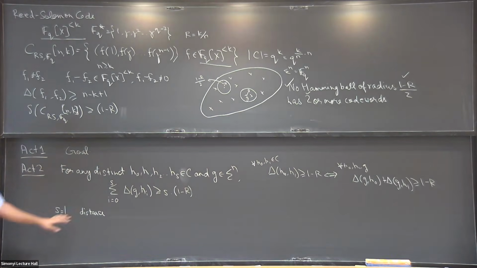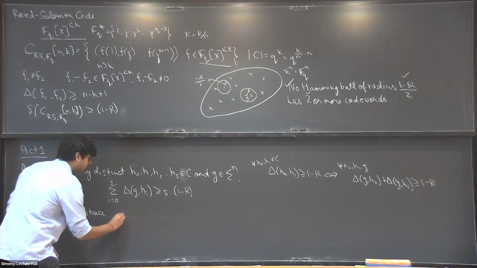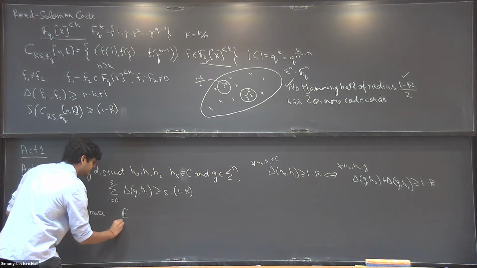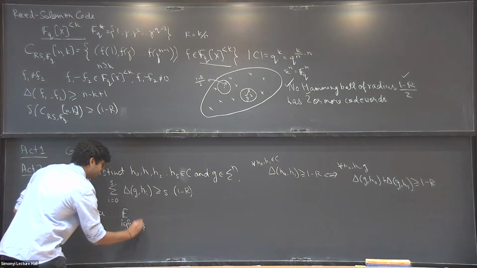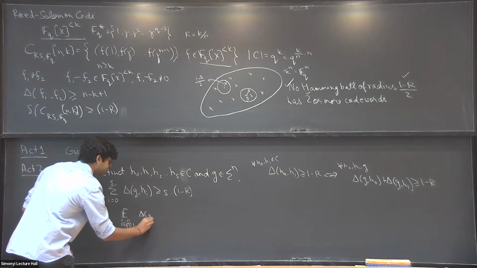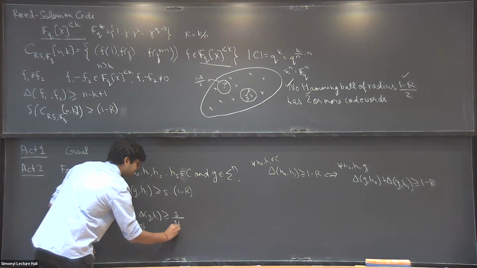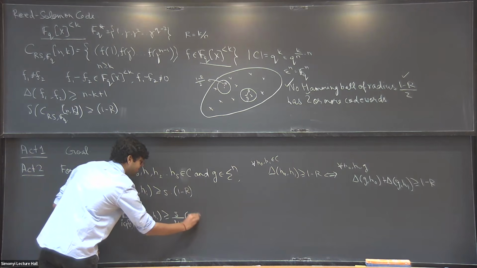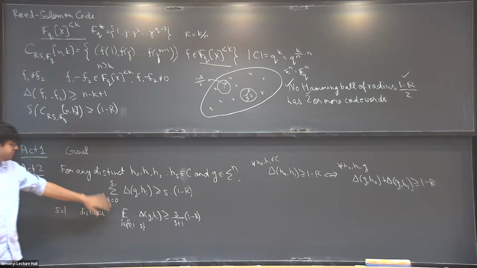Okay, so why are we interested in this? Because the sum version has an expectation version.